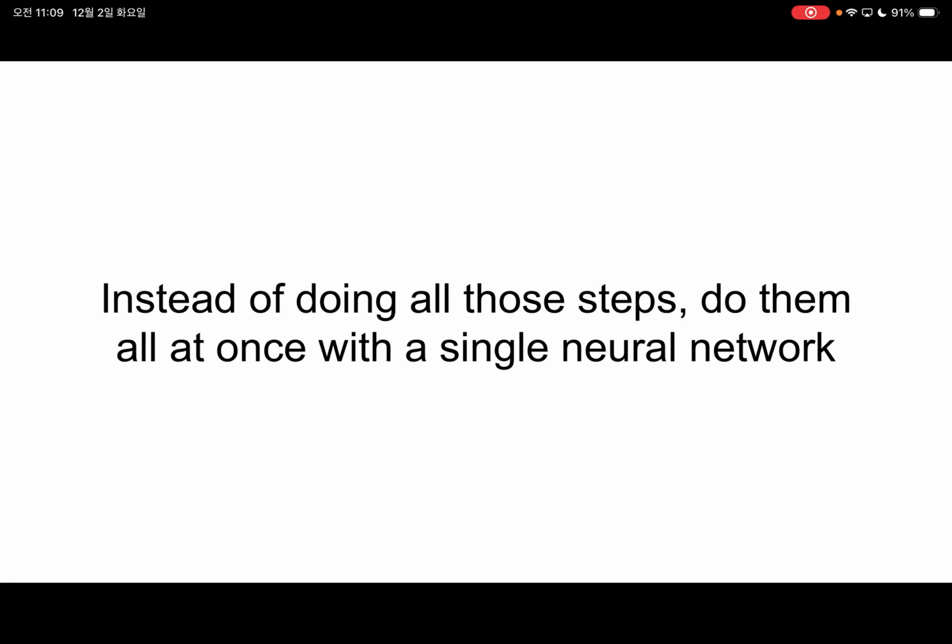That is the value of this work. Instead of doing all these separate steps manually, you just give multiple images, and then the model outputs all this feature matching, camera pose estimation, and dense point cloud estimation at once, in an end-to-end manner. That is the value of this paper.